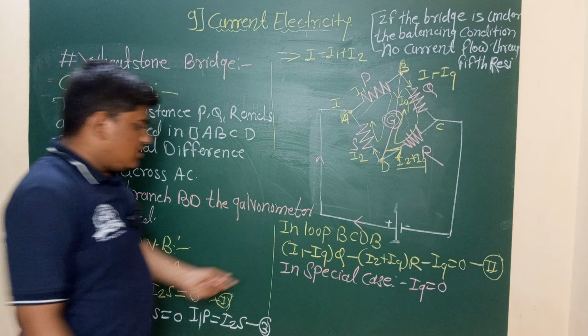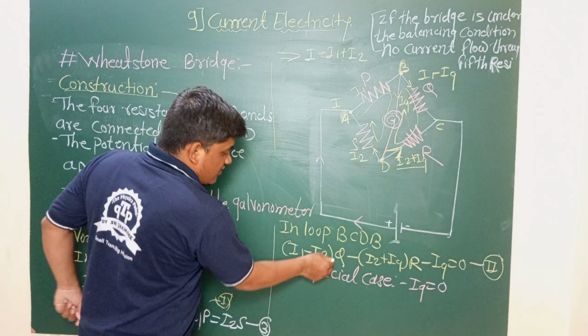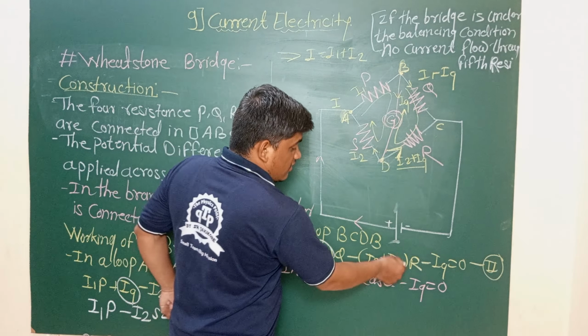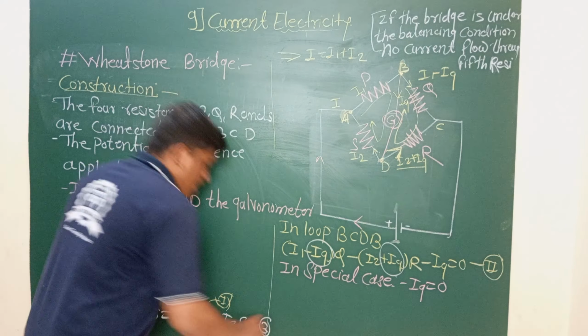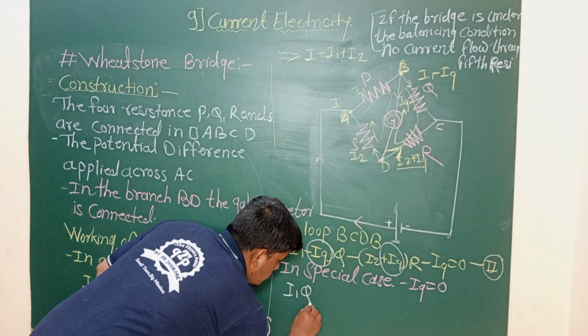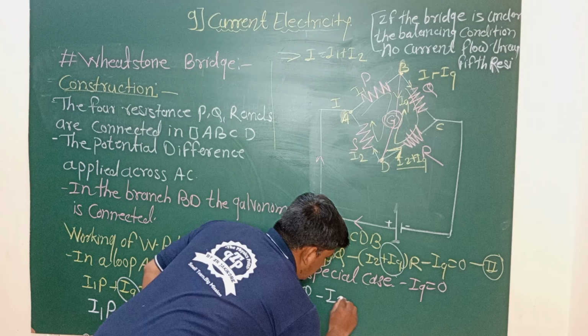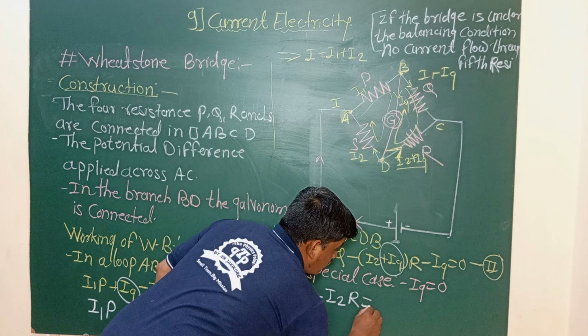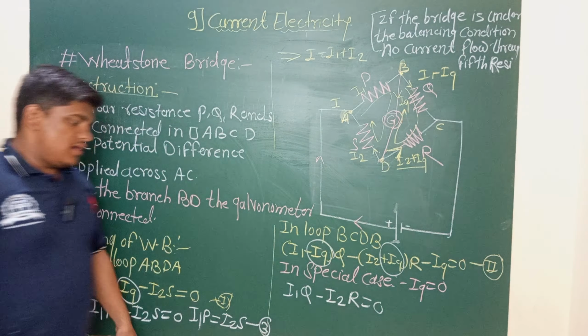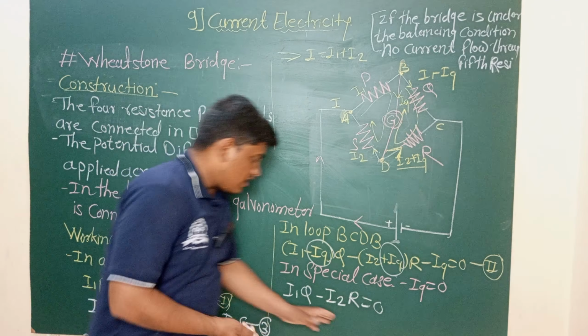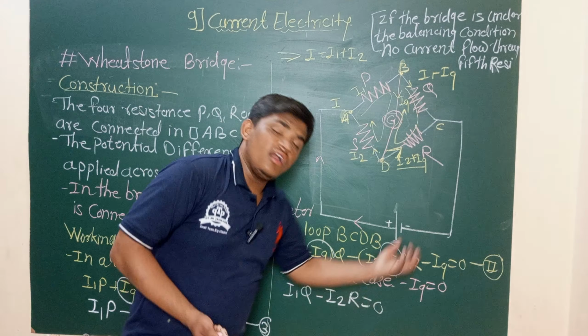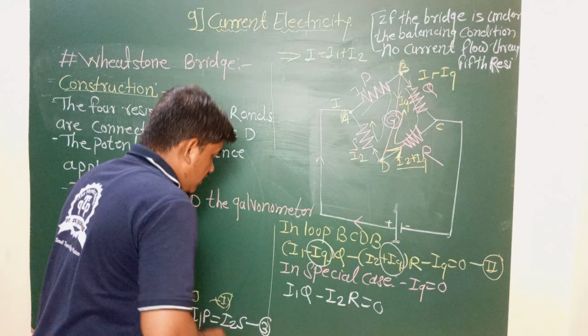Similarly, in equation number 2, Ig must be equal to 0. Then I1 into Q minus I2 into R is equal to 0. Then the negative sign changes into positive when moved to the other side of the equality sign.